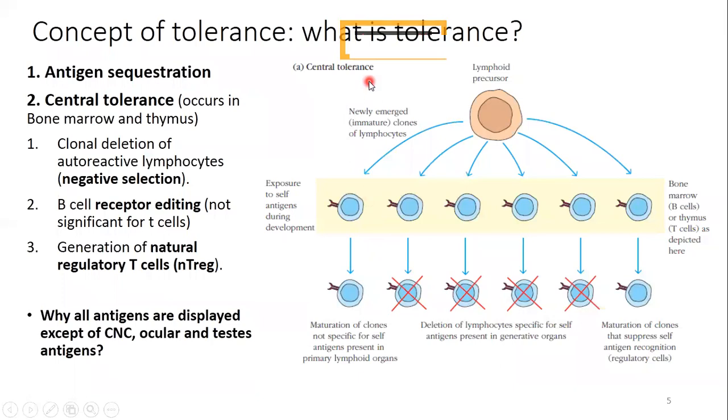So what is tolerance? Tolerance is a process in which the human immune system differentiates between foreign antigens and our body cells, or our self-antigens. It is a process by which the body tries to prevent any interaction or reactivity of immunocytes to our self-antigens.